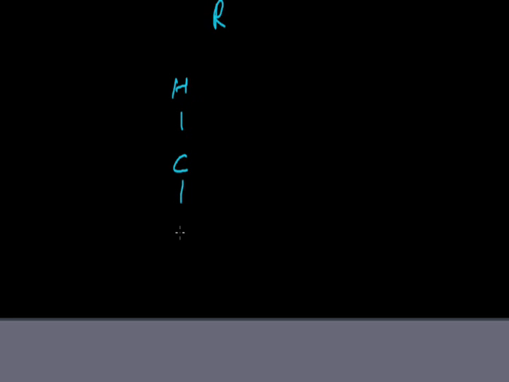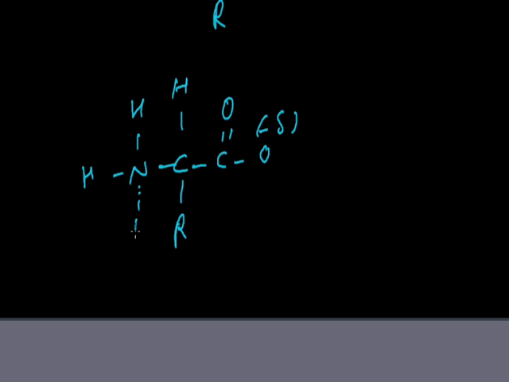H, this is R, this is C, O, O negative, and H, H, H, and right now it will become partial positive charge. So this is the structure of the zwitterion.